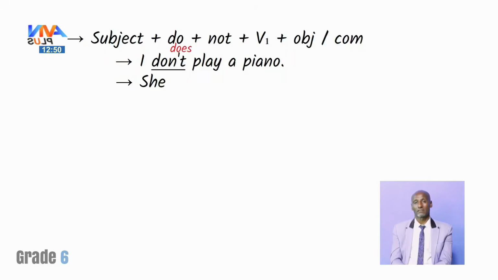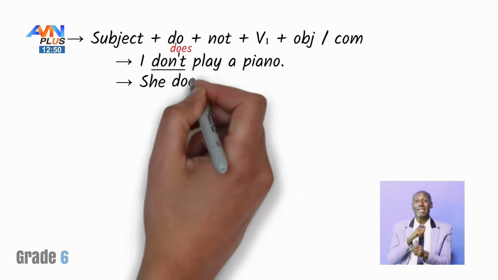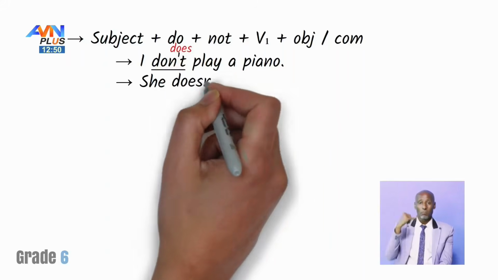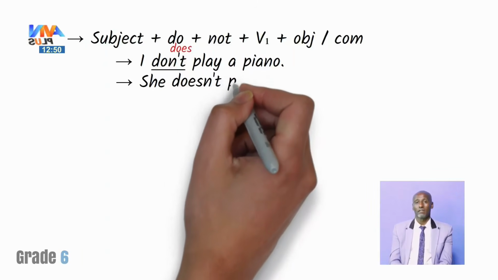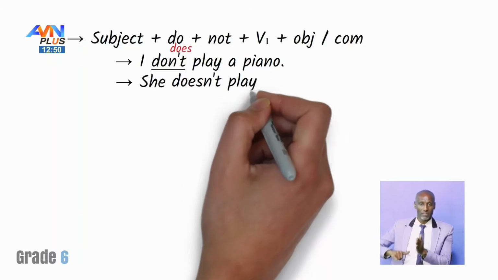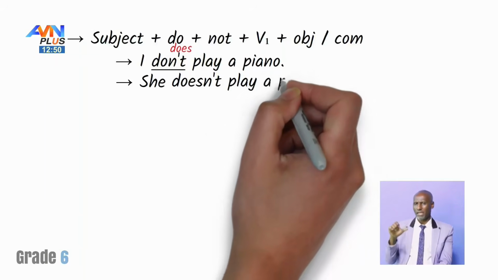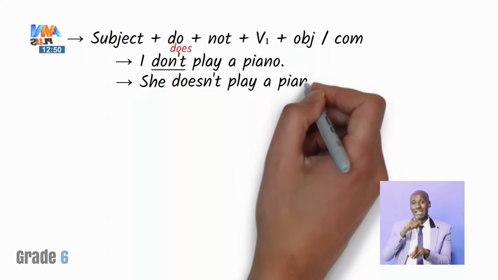Look, she, then, instead of don't, doesn't. She doesn't. Now, we used to add s on play, right? But this time, we add it on do, so we leave it. She doesn't play. We don't say plays, okay? She doesn't play a piano.